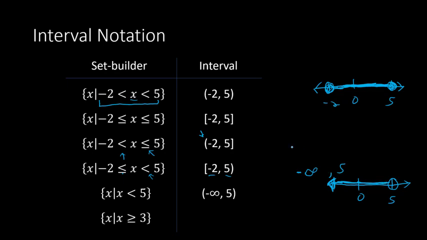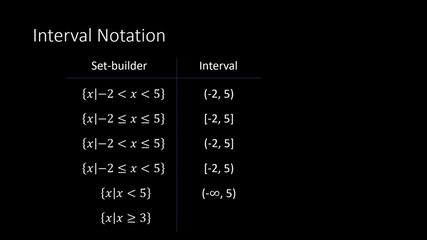And now one more example on the slide. Here we have x such that x is greater than or equal to 3. So again, for this one, if you were to graph this on the number line, okay, here we have 0, here we have 3. It's going to be a closed circle at 3, and we shade into the right because it's greater than or equal to.